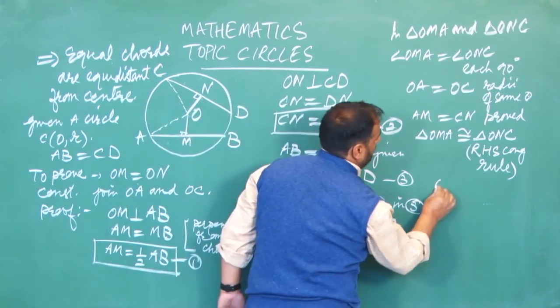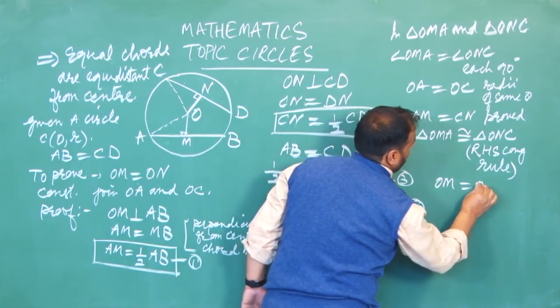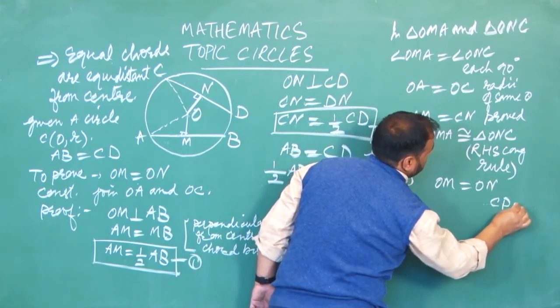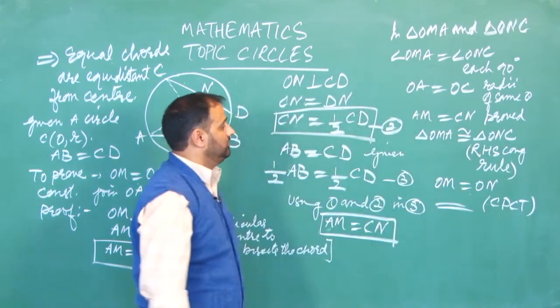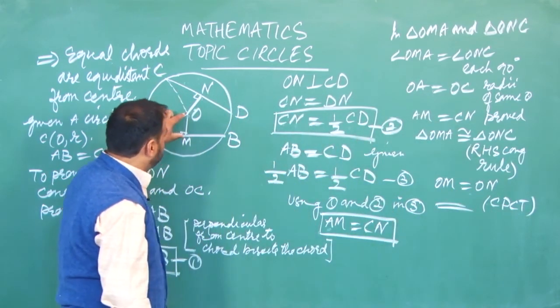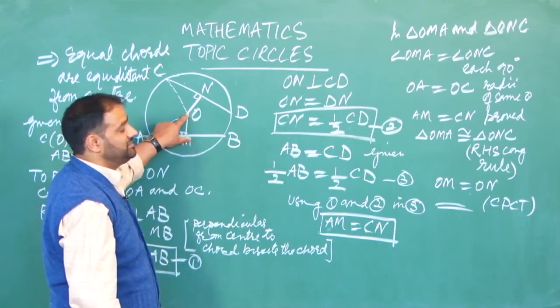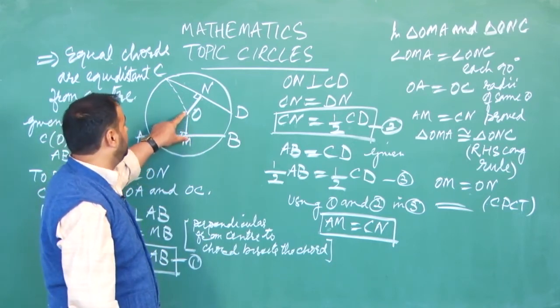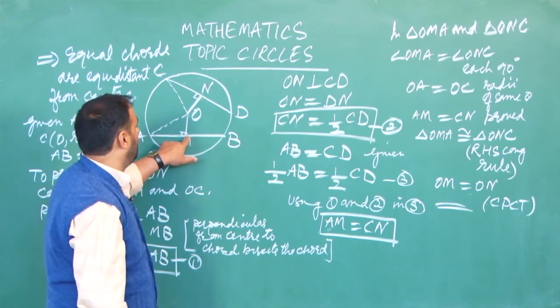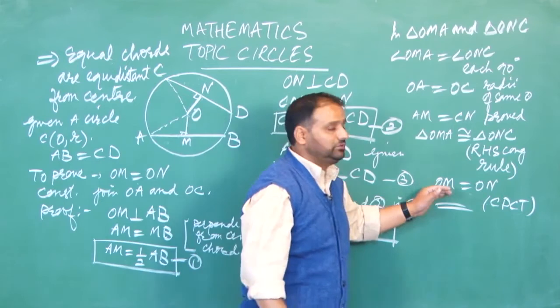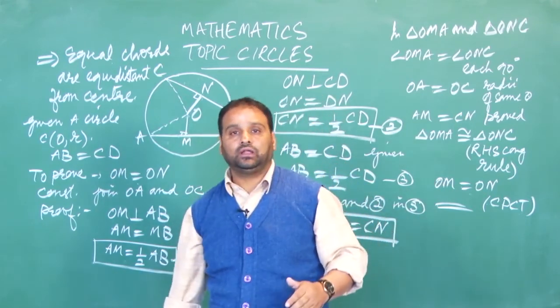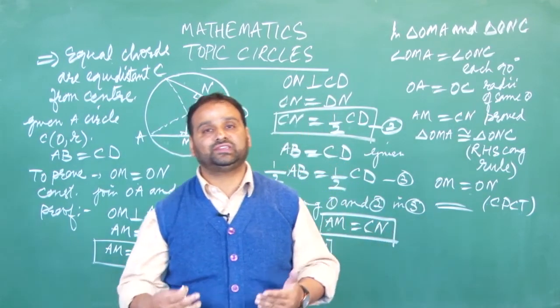We can say OM is equal to ON, corresponding parts of congruent triangles. So when OM is equal to ON, it means that the perpendicular distance from point O, that is the center of the circle, is at equal distance from chord AB and chord CD. Hence, we are able to prove that equal chords of the circle are equidistant from the center.